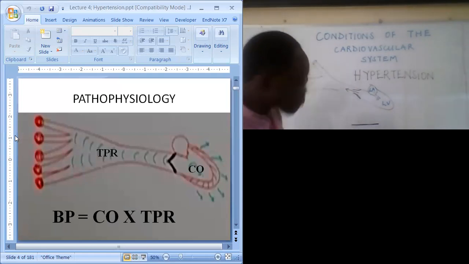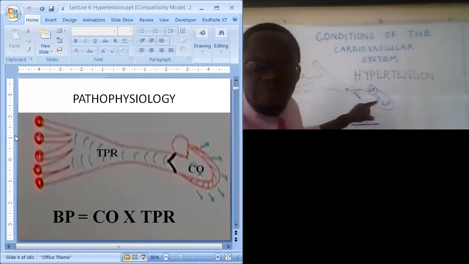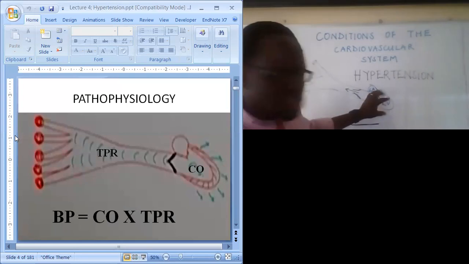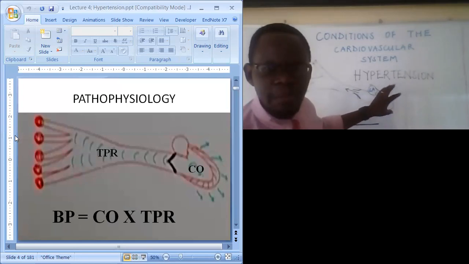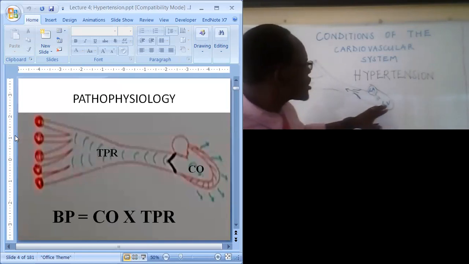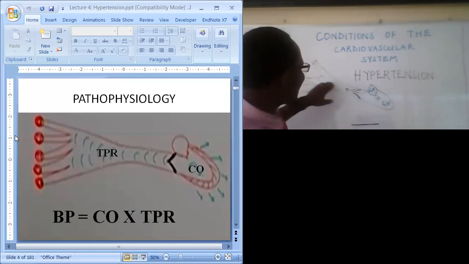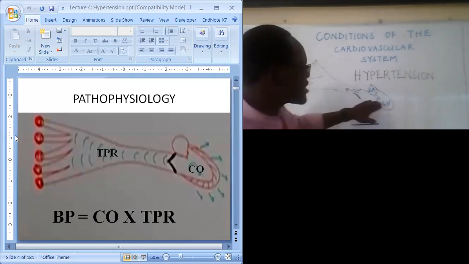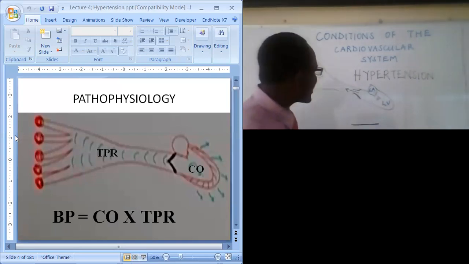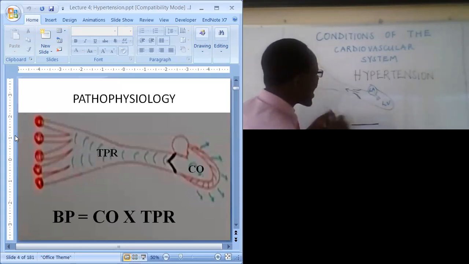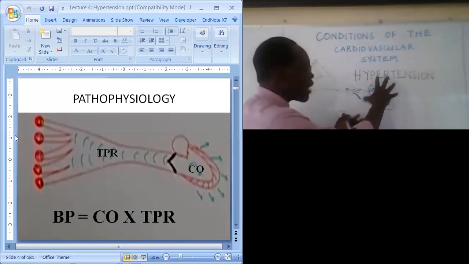The pressure with which the left ventricle pumps the blood is basically transmitted across the aorta.